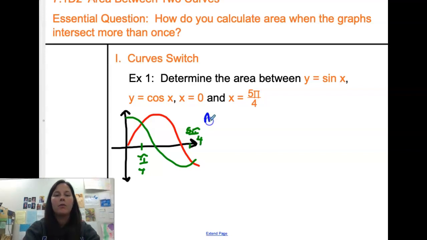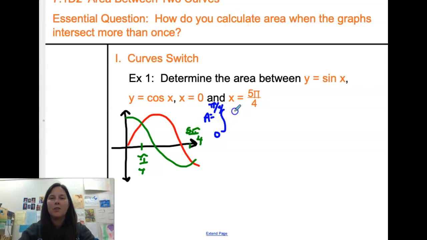Setting up our first integral, our area is going from 0 to pi over 4. That is where the graphs intersected the first time, and you all remember that from your unit circle trig. The function that's on top at first is our cosine function. Remember, cosine is the function that starts at 1.